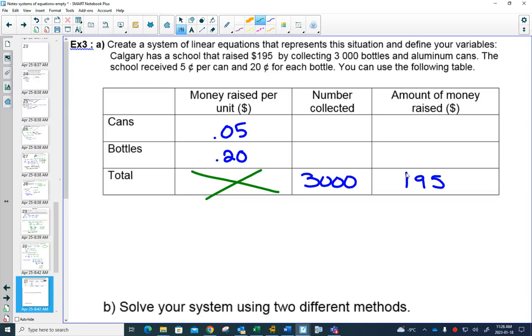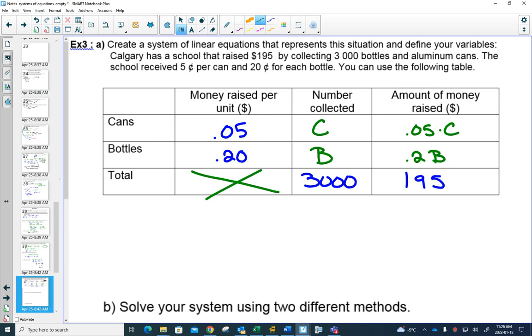It actually equals more. So something went wrong. The number collected, we don't know. So right now, I'm going to put a C here for cans and a B here for bottles. And then the amount of money you would raise would be 0.05 times C and 0.2 times B.